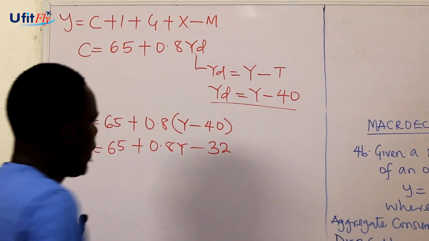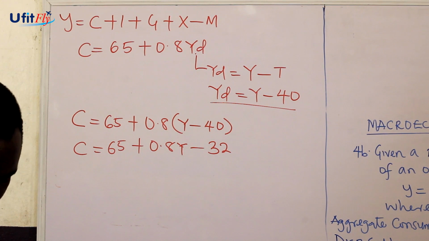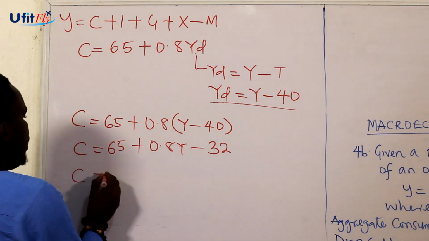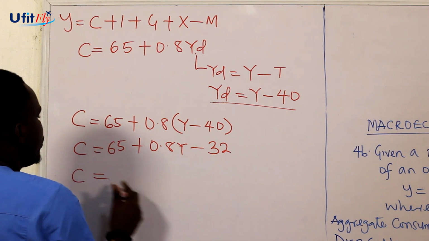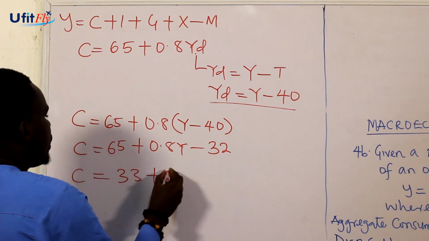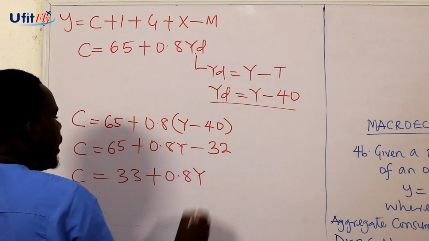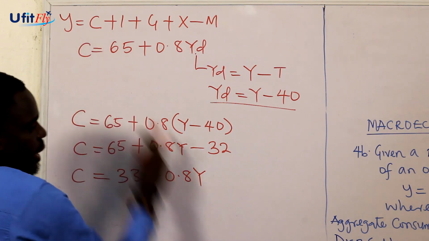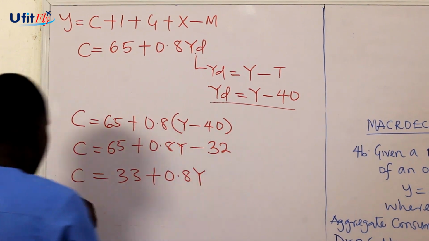Therefore, C is 65 minus 32, which is 33, plus 0.8Y. The next step is to put C into the equation with the respective figures.